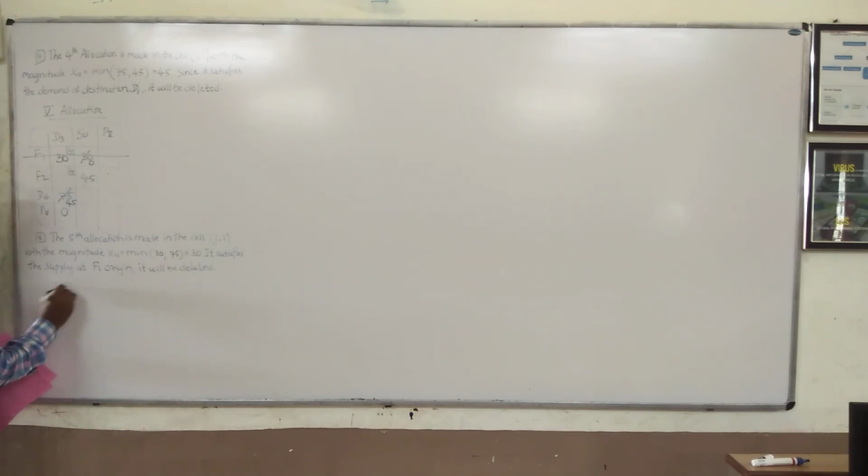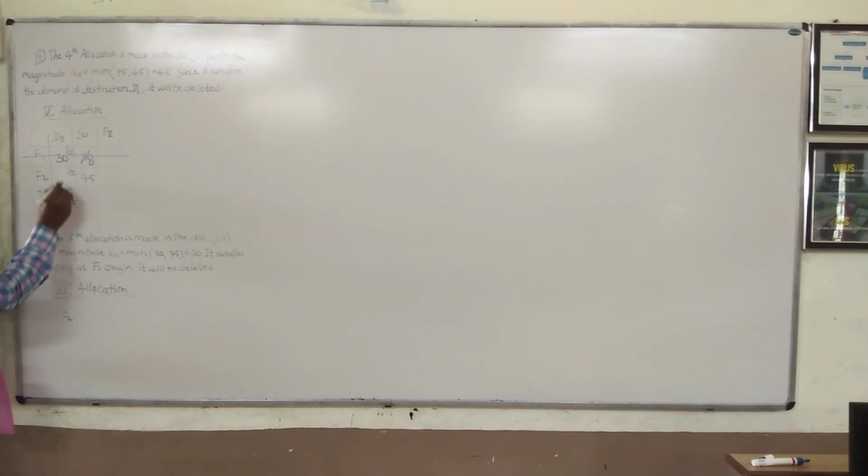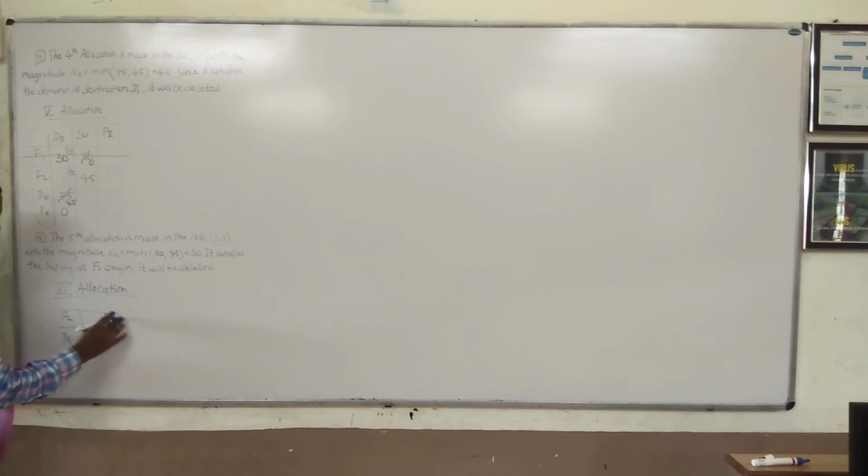I think for the sixth allocation, F2 remaining. So F2 only remaining, that is 4. Supply is how much? 45.